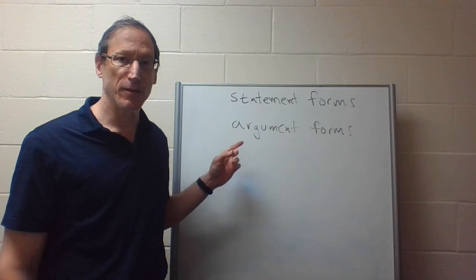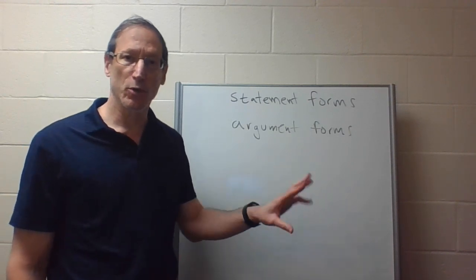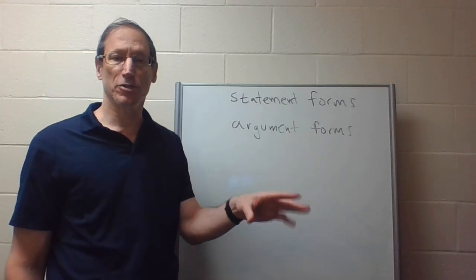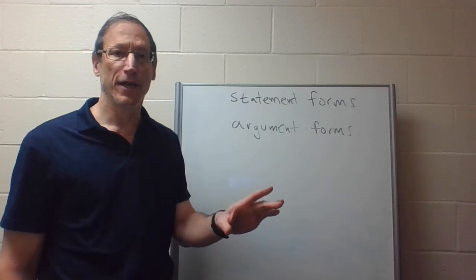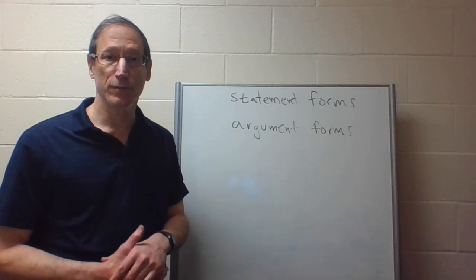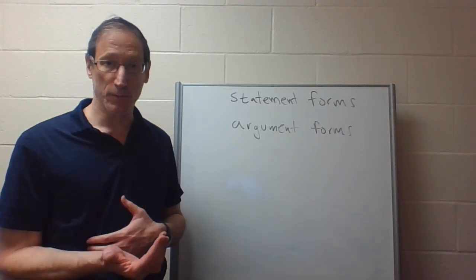You also have to be able to recognize whether a given argument is or is not a case of, or a substitution instance of, an argument form. And particularly, you're going to have to know that there are certain valid argument forms.